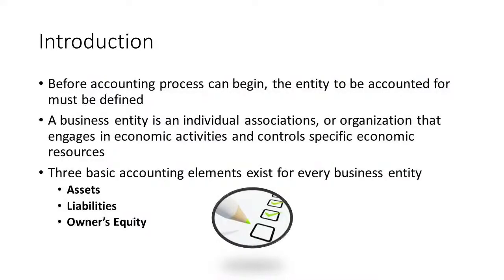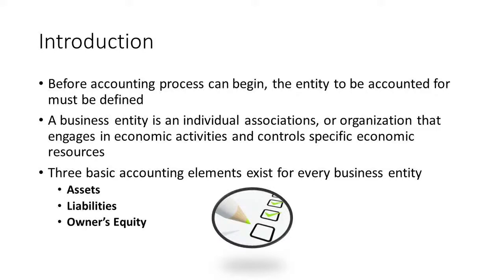So before the accounting process begins, the entity to be accounted for must be defined, or the entry. I said entity. It should say entry. In other words, what it is that you're entering into the system. What is it?